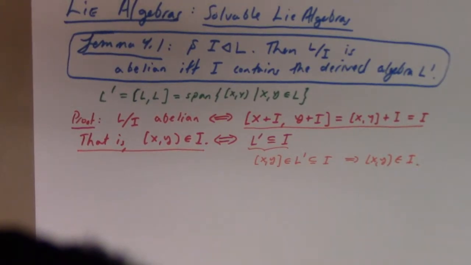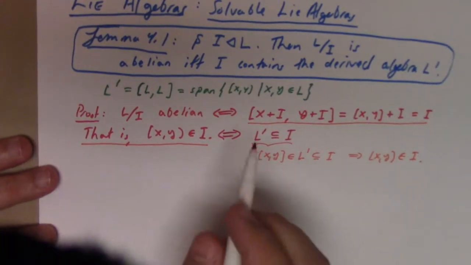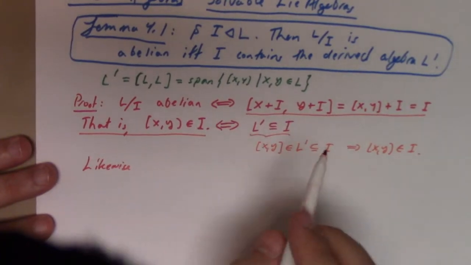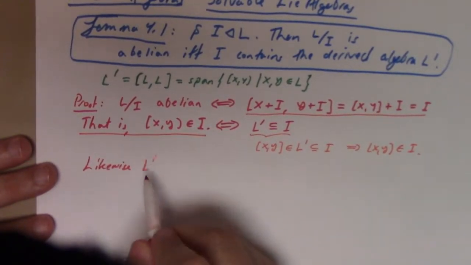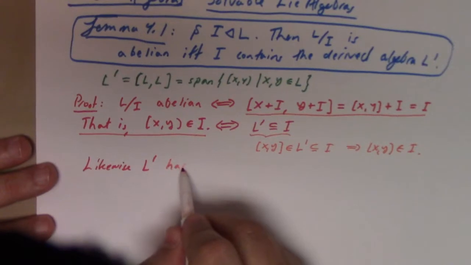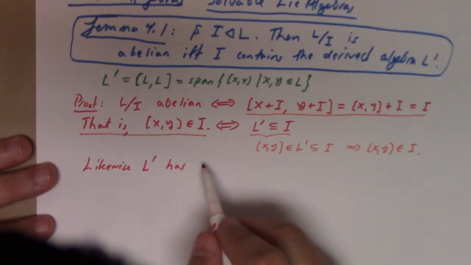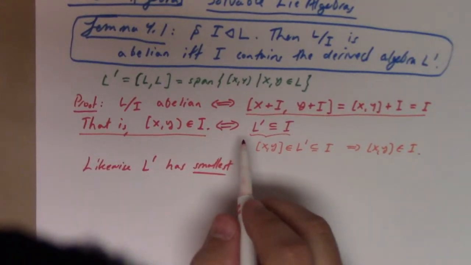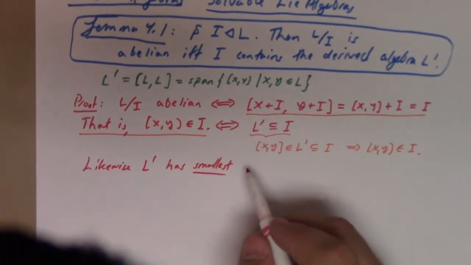Namely the derived algebra of L prime, which we shall denote L2, and so on. And so we define the derived series of L to be the terms as follows. Likewise, L prime itself has a smallest ideal with an abelian quotient.